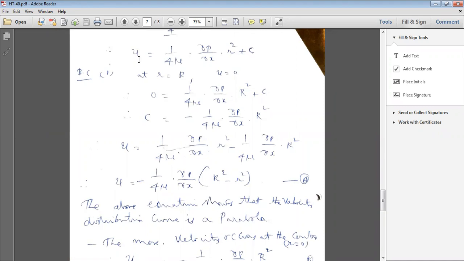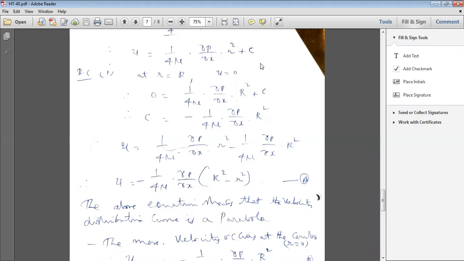Therefore, u is equal to 1 by 4 mu, because the integral of r dr is r square by 2. So 1 by 2 mu into 1 by 2, that's 1 by 4 mu. After integration, u is equal to 1 by 4 mu dou p by dou x into r square plus c, the constant of integration.